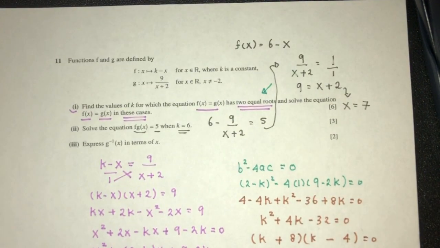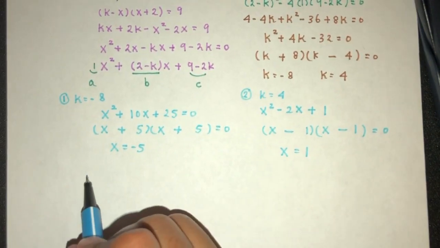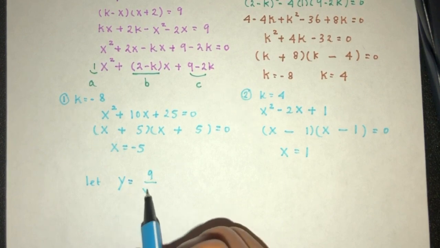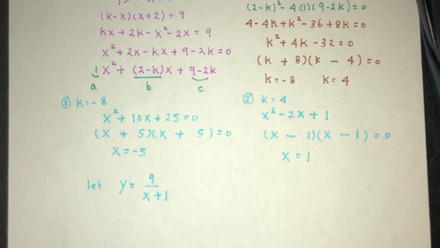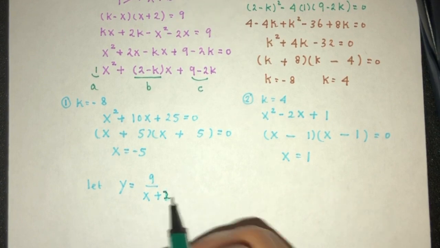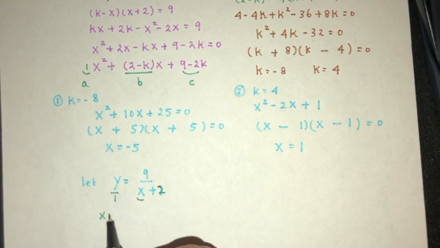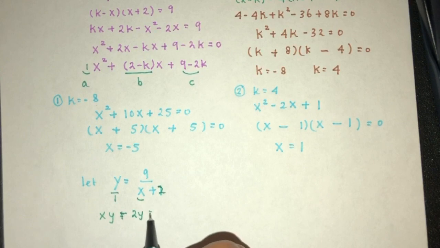Now for part 3, express g inverse in terms of x. So first let y equal to g. This is pretty easy. So we have this as g. Let me write this down. This is actually 2 here. Now we have to make x the subject, so we cross multiply. You have xy plus 2y equal to 9.